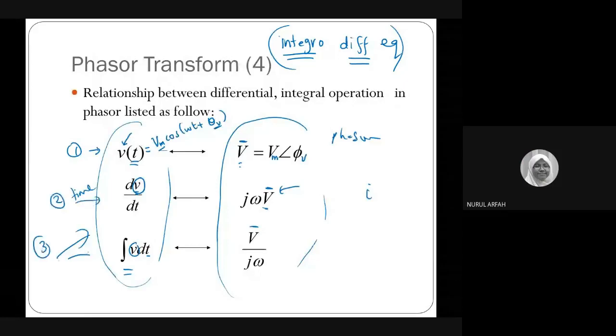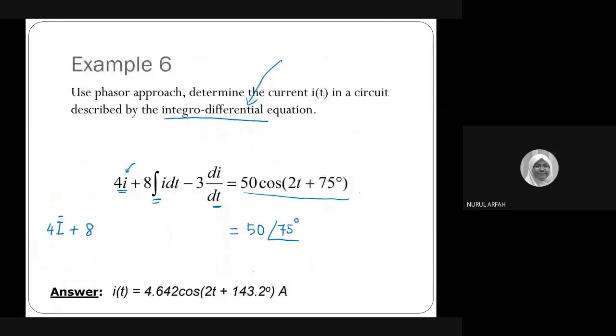Number 3. So what is that? I divided by j omega. So I over j omega.